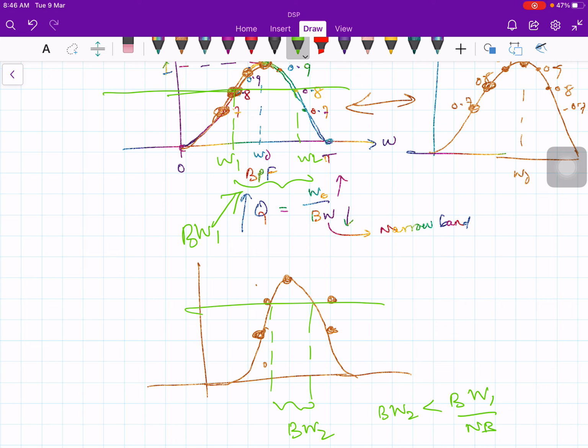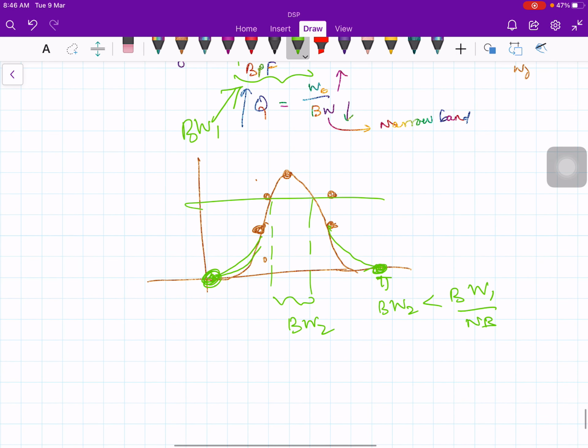But what about this point? This point is 0 and this point is 0. No change in this point. In fact, it goes like this, and it comes like this. And this is pi. So the value at omega equal to 0 and omega equal to pi doesn't change. It remains the same. At omega equal to 0, 0 squared is 0.